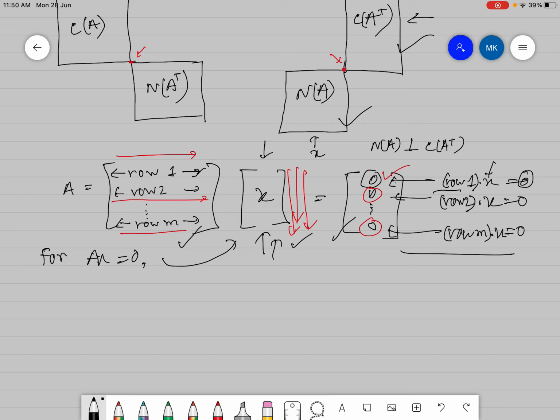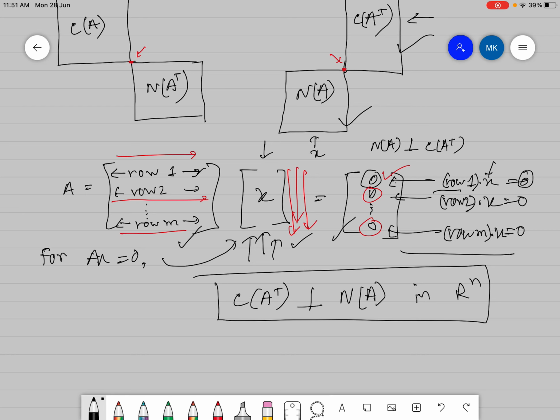Every row has a 0 dot product with every column entry of the null space x. So you can say that the whole row space is orthogonal to the whole null space, and this is in R^n.